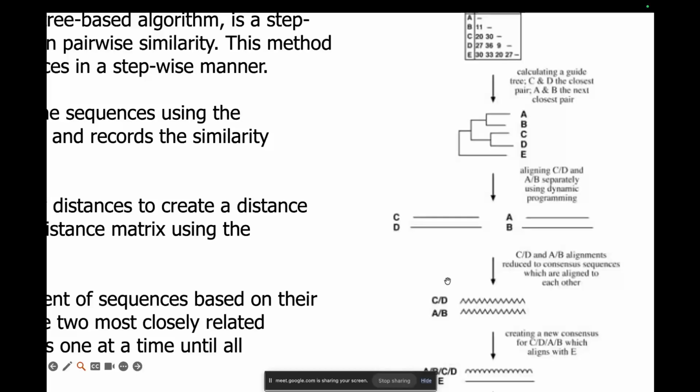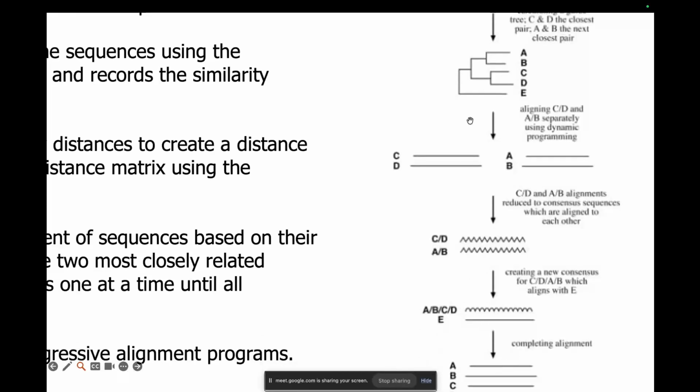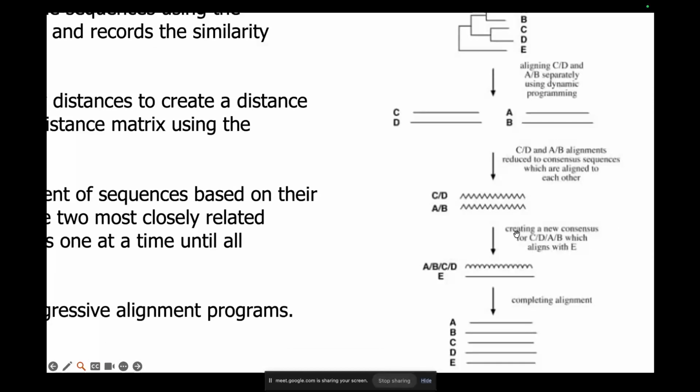Since AB and CD are similar to each other, you then try to align AB and CD. AB is an aligned sequence, CD is another aligned sequence, and you try to align these two sets of aligned sequences, right? And then you put in E at the last because it has the lowest similarity, and with this method you find the complete alignment.